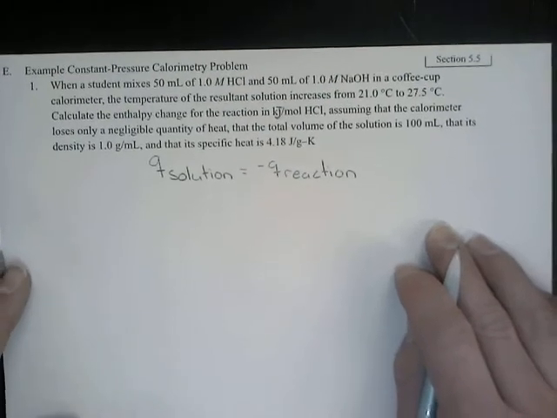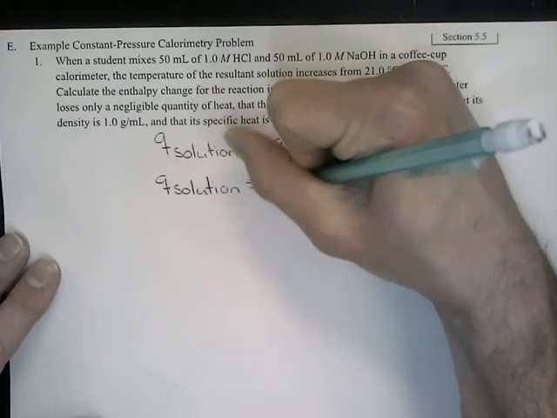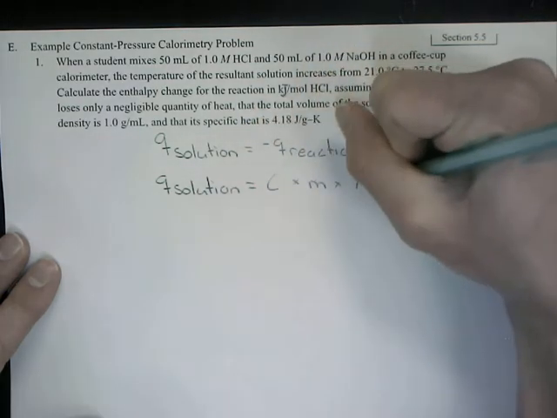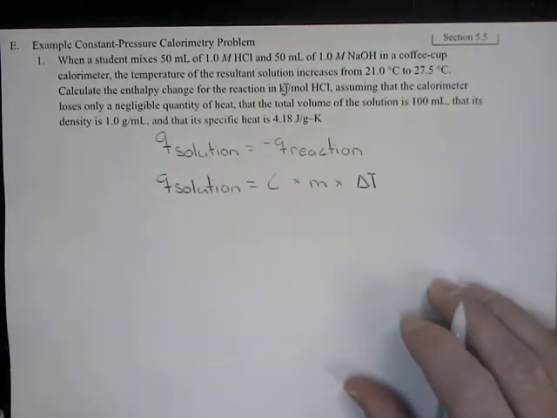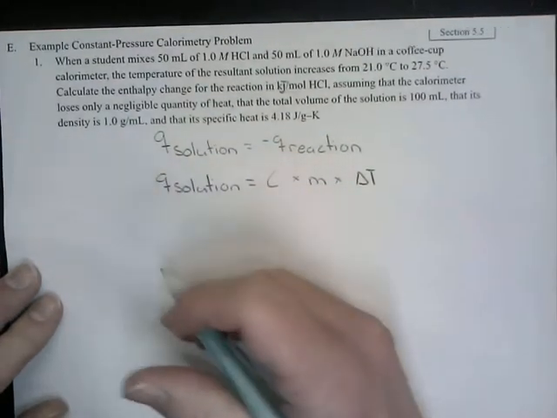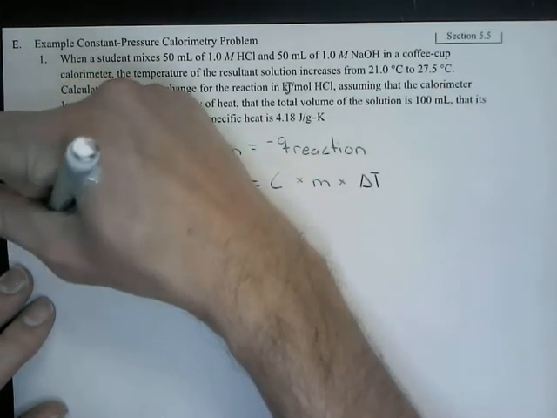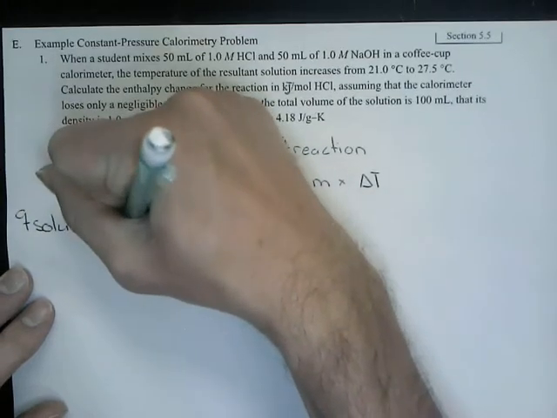So I'm going to go one step further down here. The heat gained by the solution is equal to C times M times delta T. Ultimately, we're going to try to find the Q of the solution. So out to the left here, I'm going to write down Q of the solution, and that's going to be our question mark.